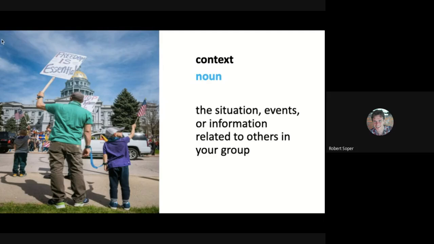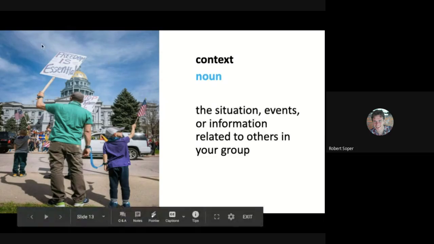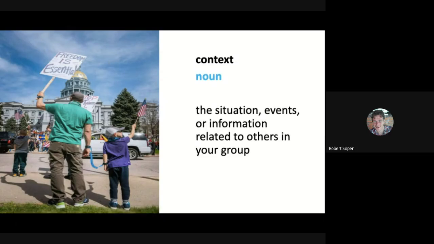So if we look over here at this picture, we see that there's some sort of protest going on. We see the sign, freedom is essential. But what is this protest about? Do you know what it's about? In other words, do you understand the whole context?